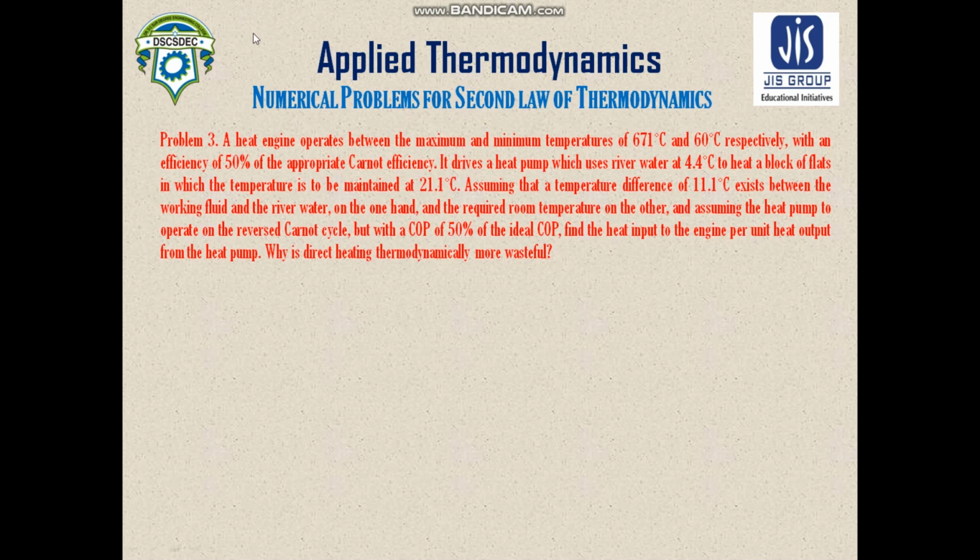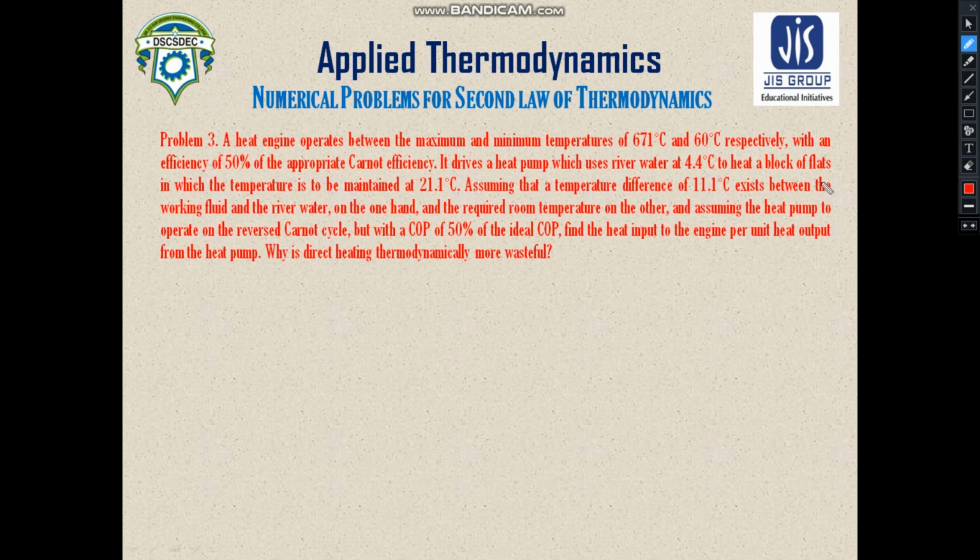It drives a heat pump which uses river water at 4.4 degrees Celsius to heat a block of flats in which the temperature is to be maintained at 21.1 degrees Celsius.